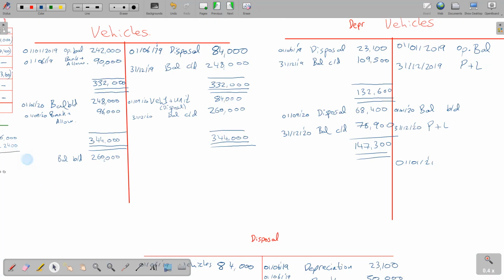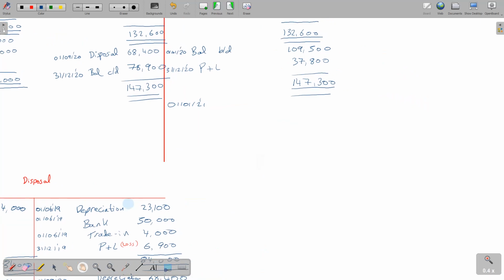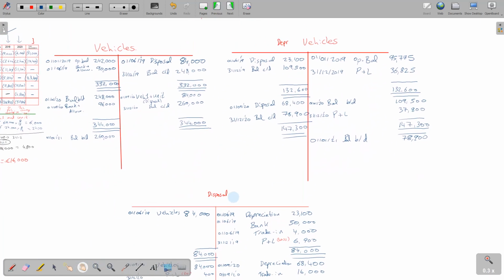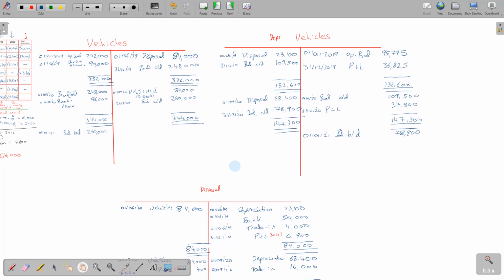So you have to go 01 01 21. Okay, we're almost done. Well, we are done. Balance brought down 78,900. So those are our accounts. We have disposal, we have our depreciation, and we have our vehicles, which is what they ask us for.